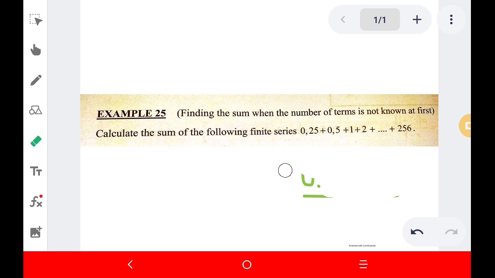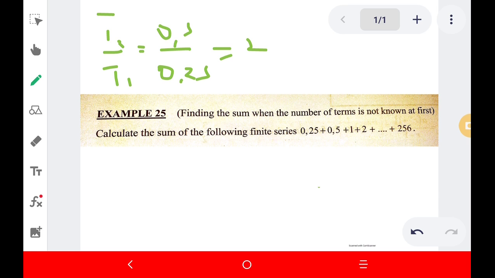So if it's not an arithmetic sequence, let's check if it can be geometric by saying term number 2 divided by term number 1, which is 0.5 divided by 0.25. And then it gives us a 2. Now we can also check term number 3 divided by term number 2, which is 1 divided by 0.5.